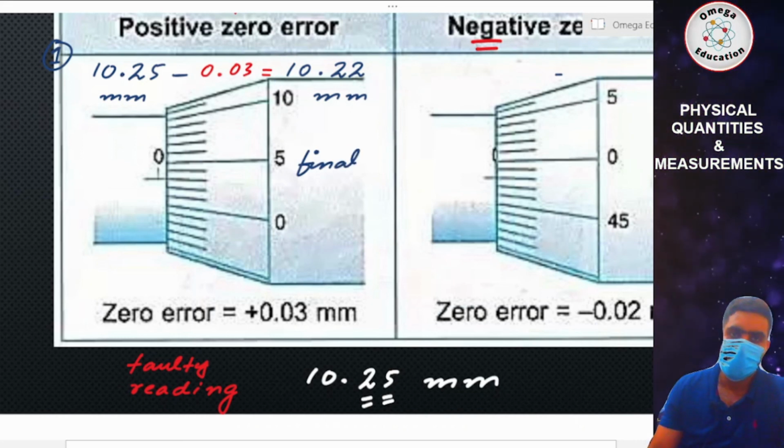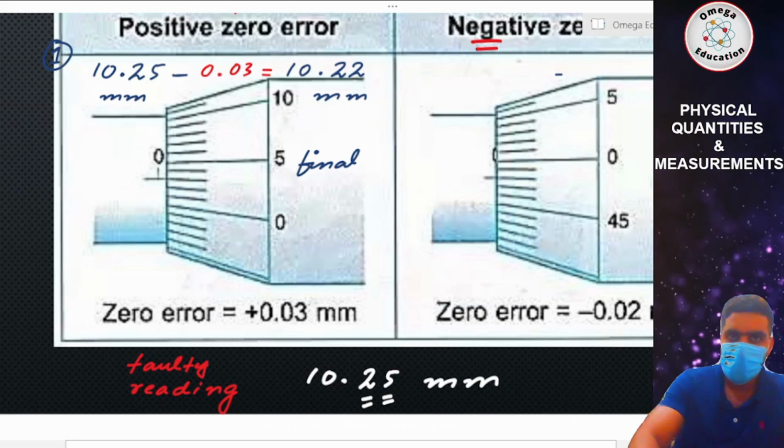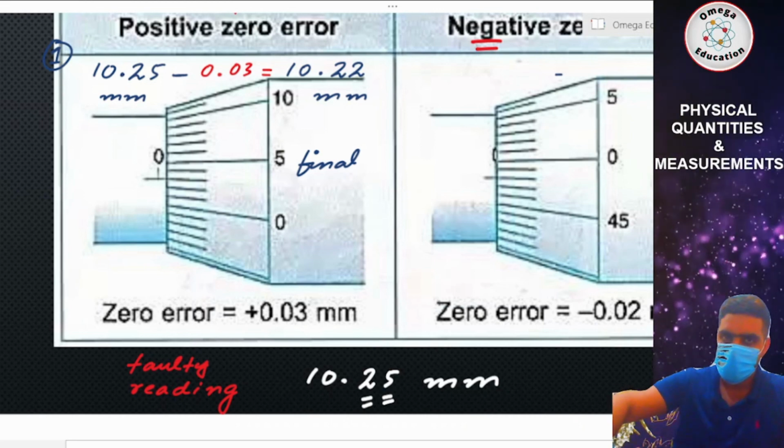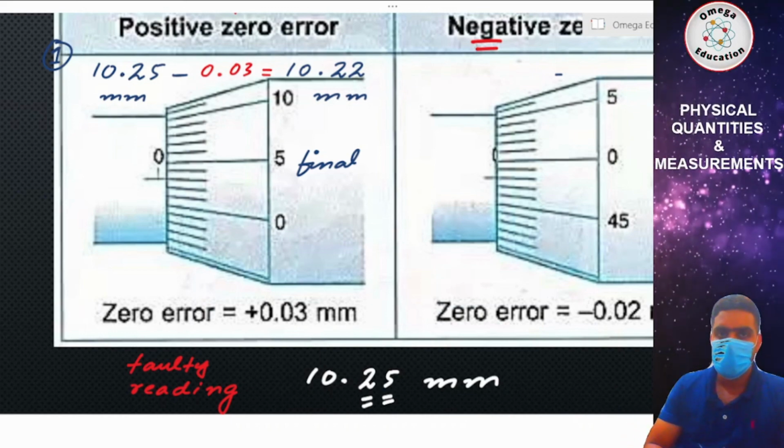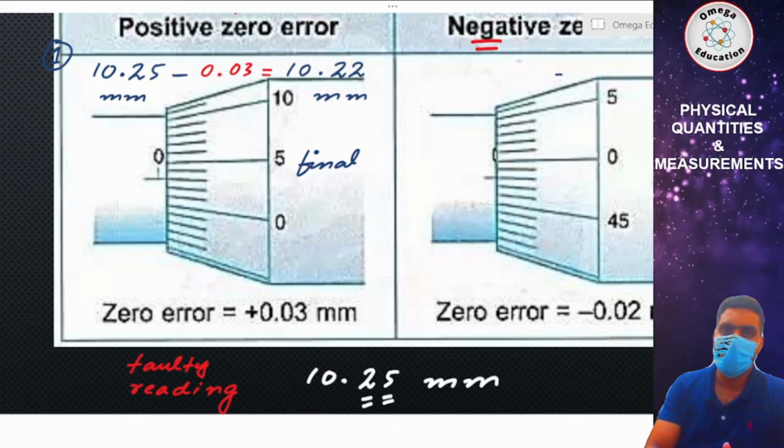All right, so there was zero error. We did not get rid of the zero error, but we did some mathematical correction in that, and we compensated for the zero error.